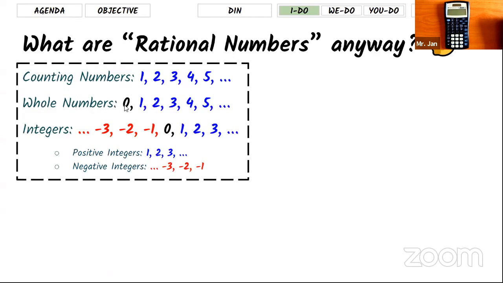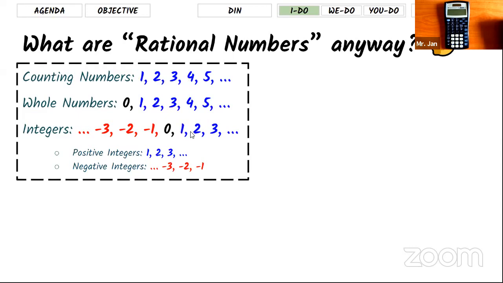Whole numbers are when you include 0 with the counting numbers. This is a little bit of a difference between counting and whole numbers. And also, this time we started to learn integer numbers. Integer numbers include the negative side of the counting numbers.